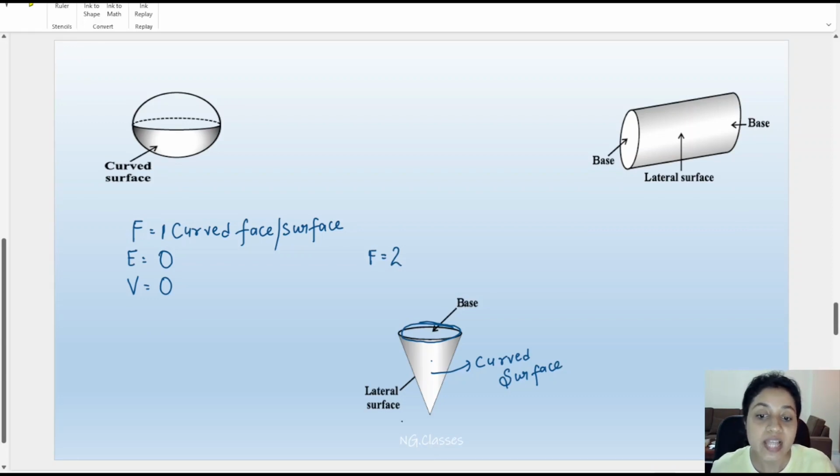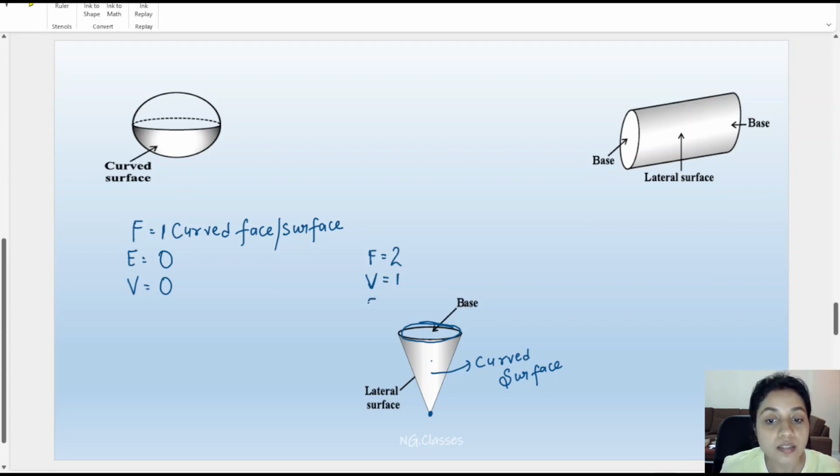Now what is this lateral surface? Lateral surface means the surface all around the cone. That means it's just another name for curved surface. Number of vertices: for a cone we are having the corner point, and there is only one corner point at the bottom. So number of vertices is equal to 1.